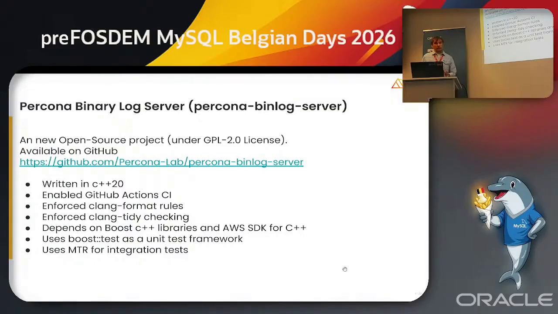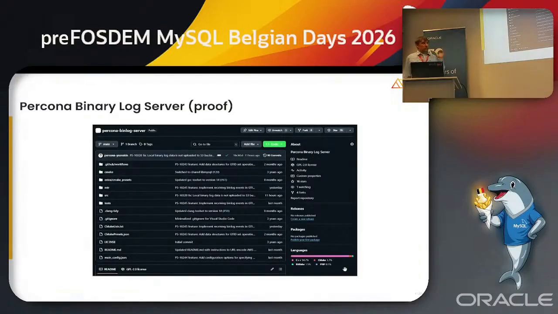It's for spawning an instance of MySQL, running our binlog server, grabbing some data and analyzing it. It was a perfect match for our needs. Just a proof link that it's true, a screenshot from GitHub.